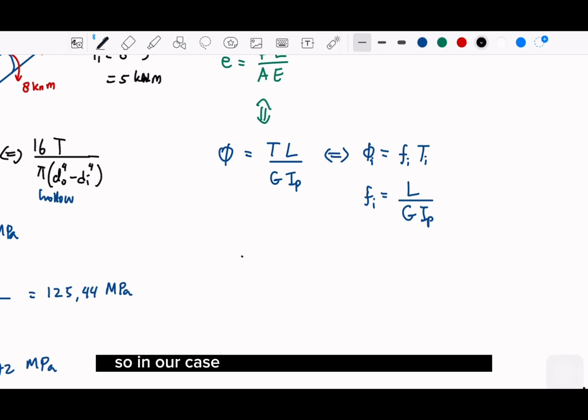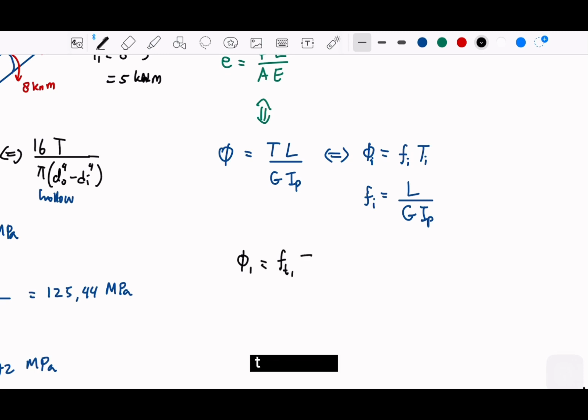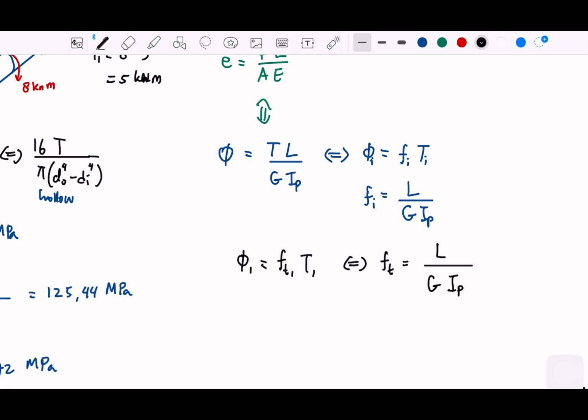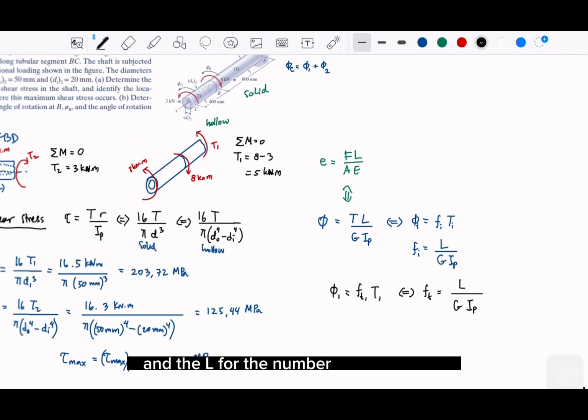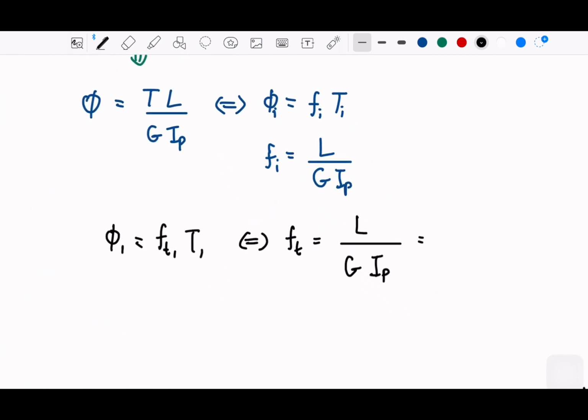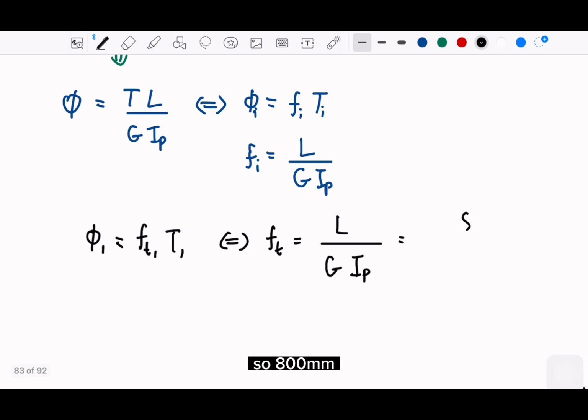So in our case, the angle 1 will be f times T1, right? While the f is L over G and then inertia. And the L for the number 1 is 800 millimeter.